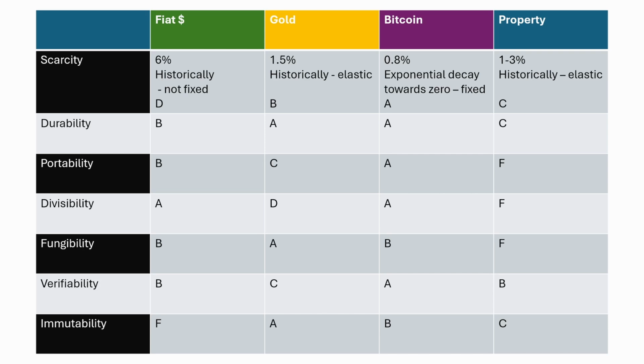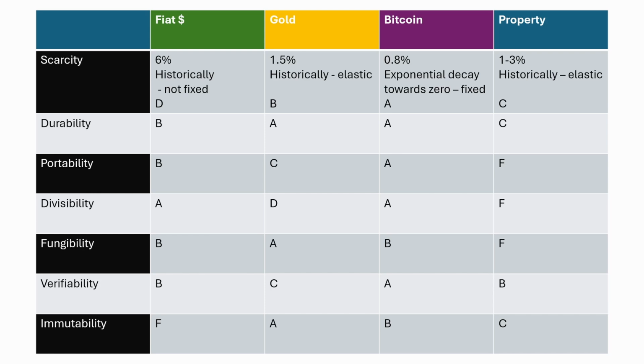So we rate that as a D. Gold's about 1.5% historically. However, for the future, this is an elastic number. This can change based on mining. Bitcoin going forward, 0.8%, but that's on a fixed exponential decay towards zero. And property, depending on what country you're looking at, can be between 1 and 3%, and that's elastic. So here, we see Bitcoin wins on that with an A rating.